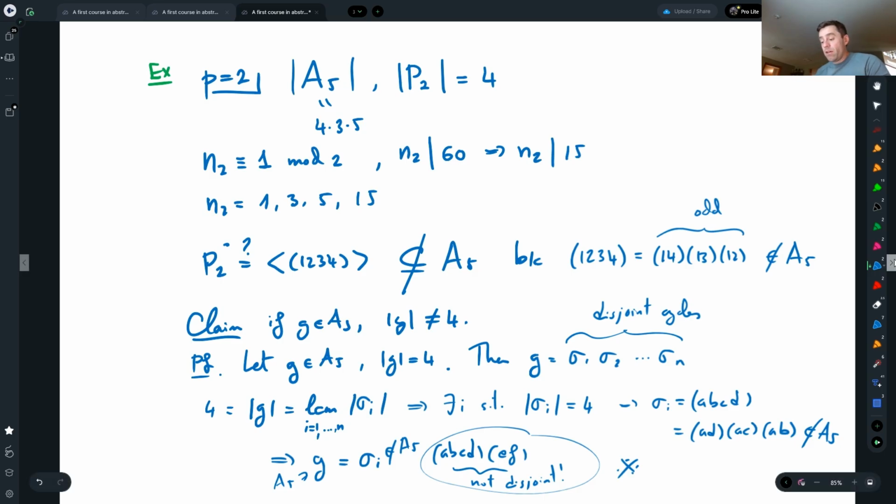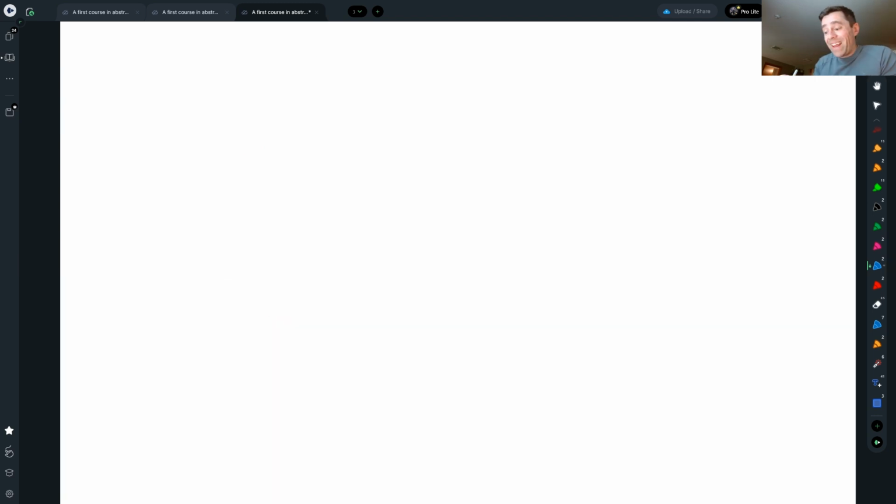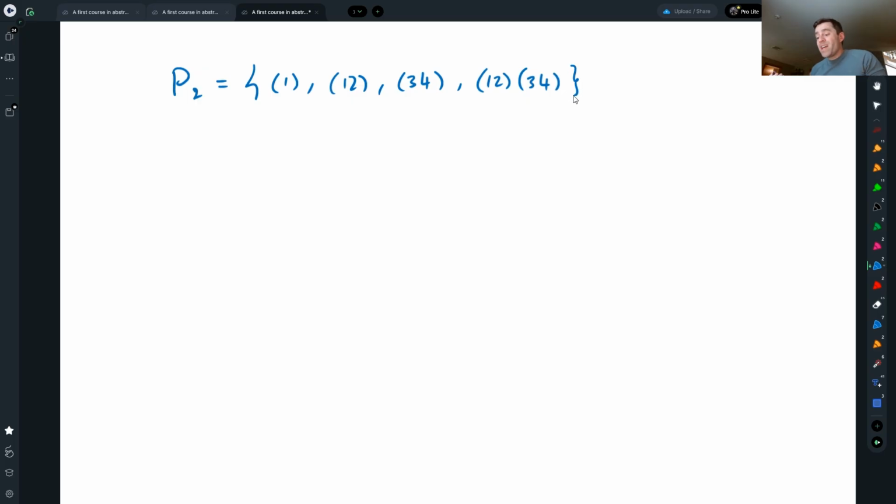So any subgroup of order 4 has to be made up of elements of order 2. My next instinct would be to try to make a subgroup out of elements of order 2, which is (1 2)(3 4). However, these are not elements of order 2 in A5.